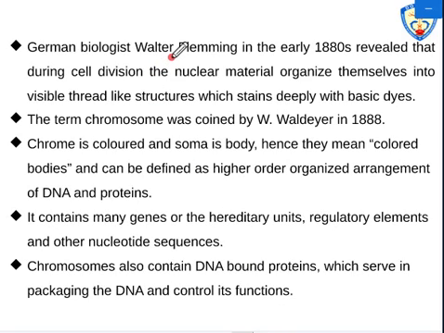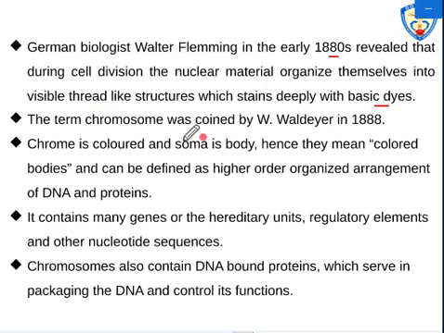Walther Flemming, a German biologist and the founder of cytogenetics, revealed around the 1880s that during cell division, the nuclear material organizes itself into visible thread-like structures, and these thread-like structures can be stained with basic dyes.